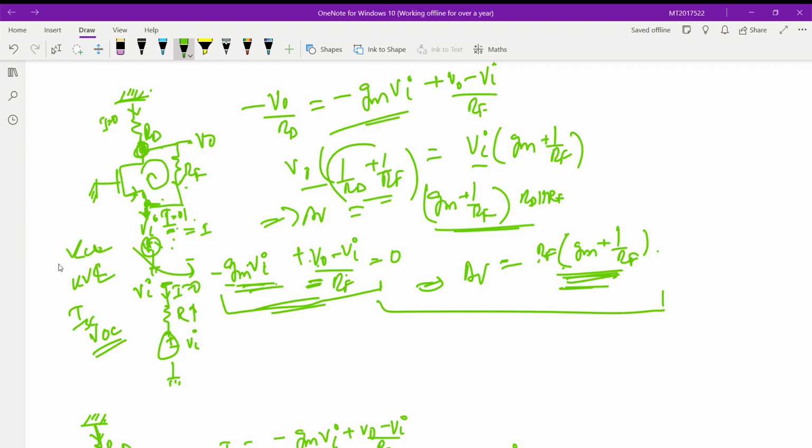We cannot blindly apply them at any nodes we want. We need to understand the conditions at which they are being applied, and then we'll get a proper number. Otherwise we'll debate with our friends, maybe that you are getting this, I'm getting this, so you're wrong, I'm wrong, who is wrong, we don't know.